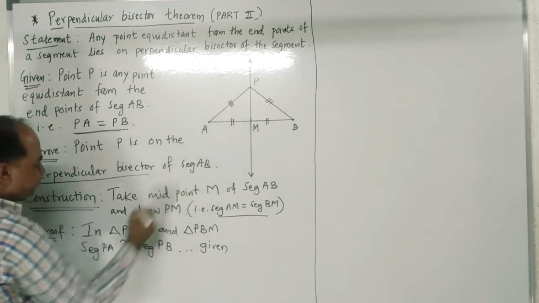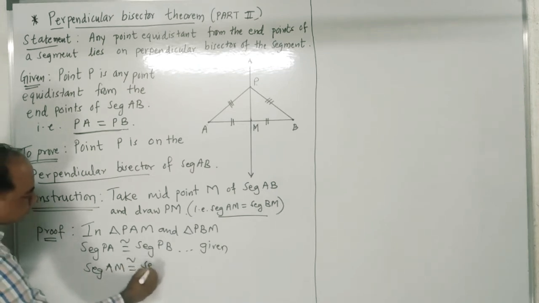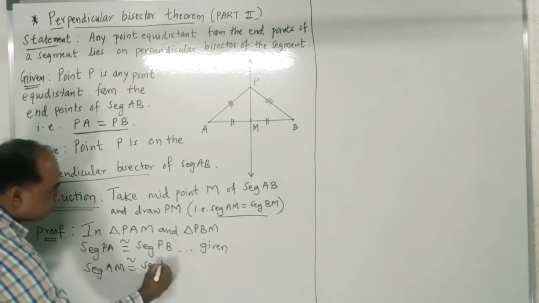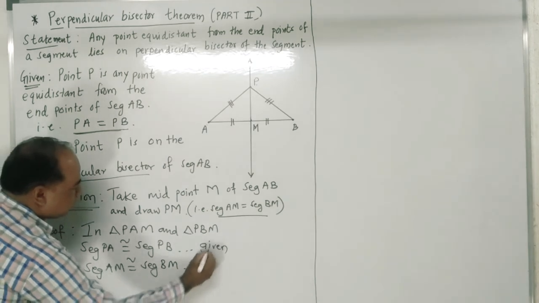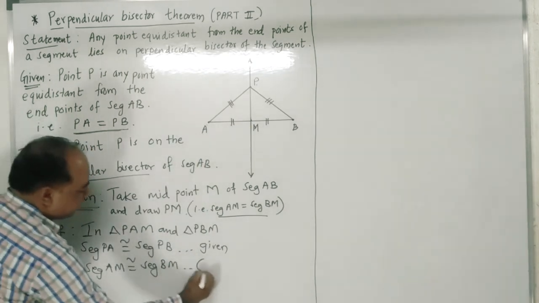Then segment AM is congruent to segment BM, by construction, since we took M as the midpoint.